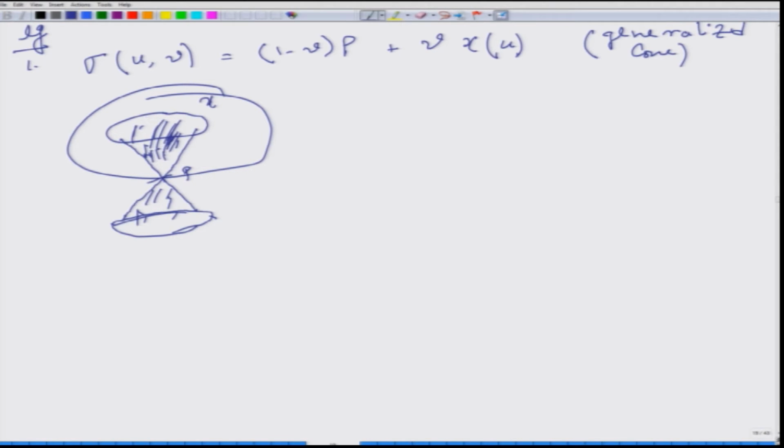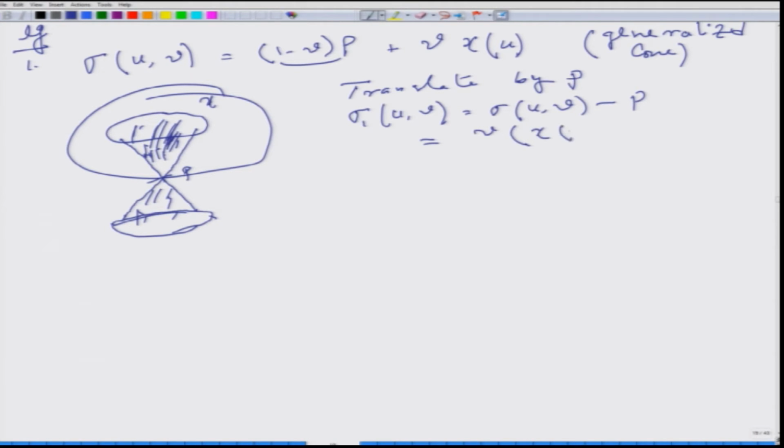Okay, now as I said, I can take P to be 0. Why? Translate by P. So, you get a new parametrization, which, if you simplify, gives v into (gamma u minus P). So, now translate the curve also, replacing gamma by gamma 1, which is the translation of the curve gamma.